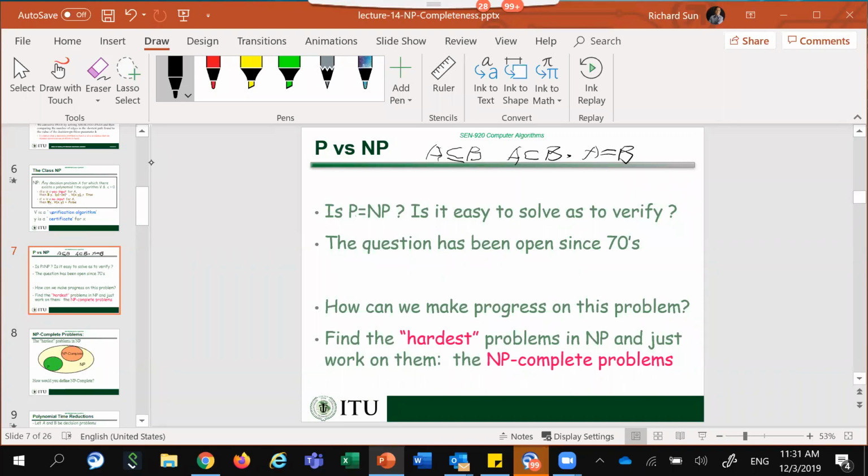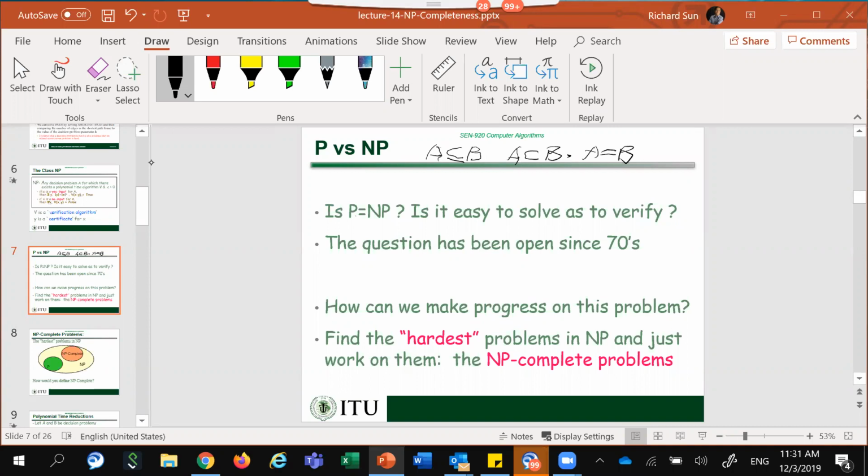A very intuitive idea is this. We know P is a subset of NP. So let's go to the larger set NP and try to find the hardest problem in NP. If we can prove that the hardest problem in NP is not in P, then we prove that P is a proper subset of NP.